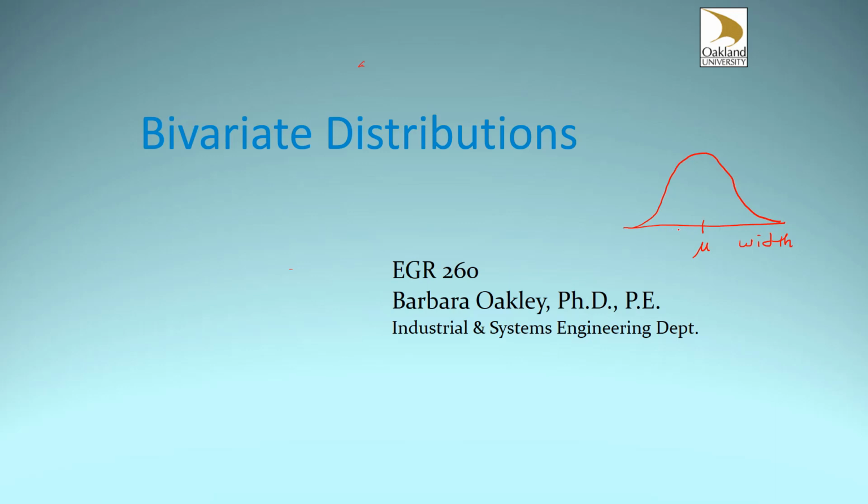But what if we want to see the distribution of not only the width, but something else, like maybe the length? Well, the way to do that is to create another dimension on your plot. So if you've got x, you have a y dimension, and that might have something like length on it.